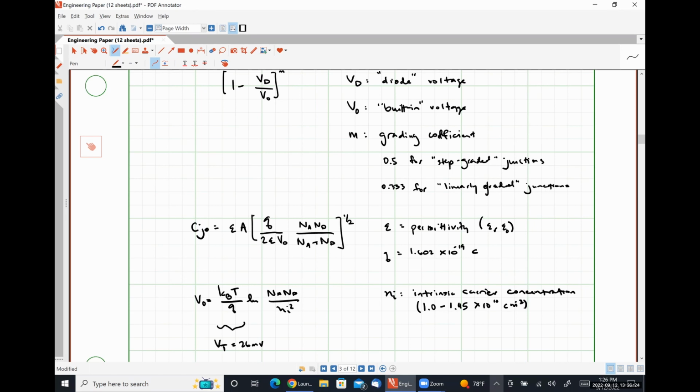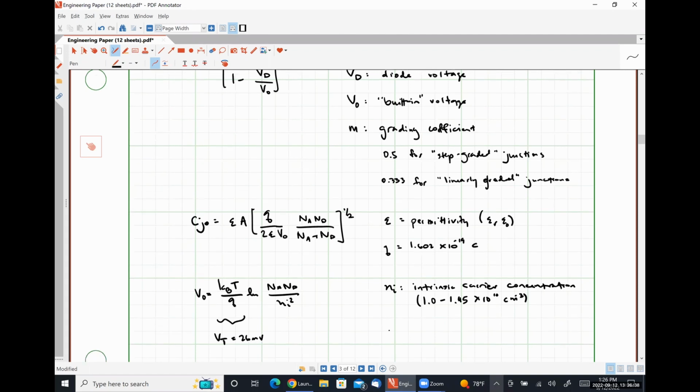I think I just typically use 1.0 times 10 to the 10 because that's what I learned way back forever ago when I took solid state, but it really does depend on temperature and a bunch of other things and who you ask.